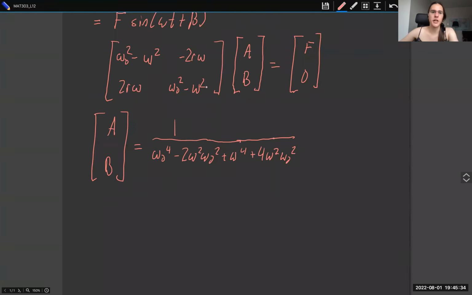And what that does is it changes the omega naught squared minus omega squared to being, well, omega naught squared plus omega squared. Wait a second.